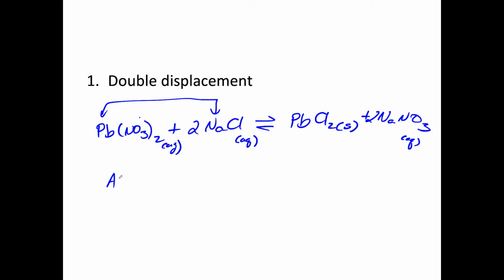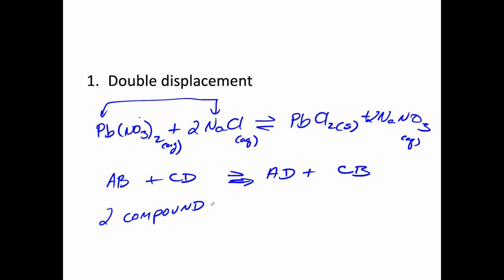So we usually go AB plus CD yields AD plus CB. I've got to make sure I do this right. So 2 compounds yield 2 compounds.